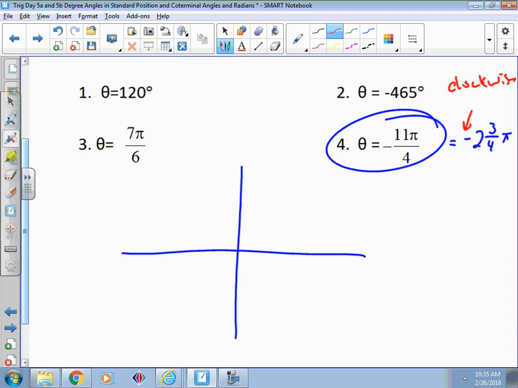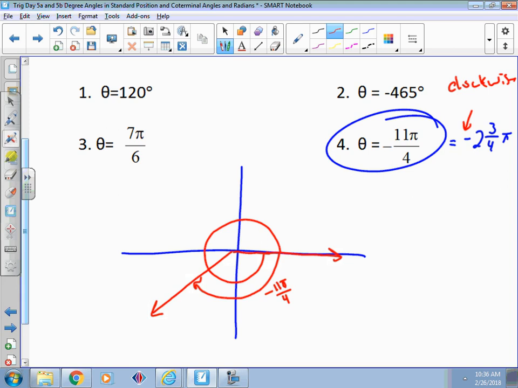So count with me here. I start in the standard position, and I'm going to open it up clockwise. This would be negative 1 pi, negative 2 pi, and I need 3/4 more of a pi. It'd be somewhere about right there. There is negative 11 pi over 4 radians, or negative 2 3/4 pi radians.